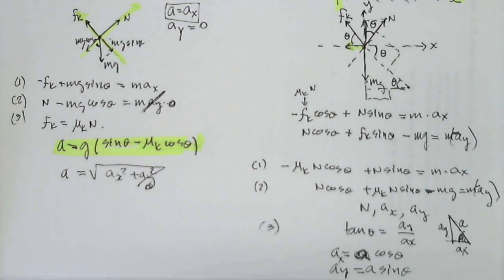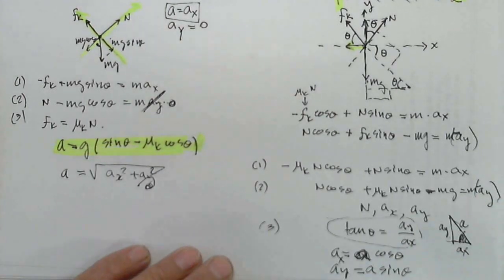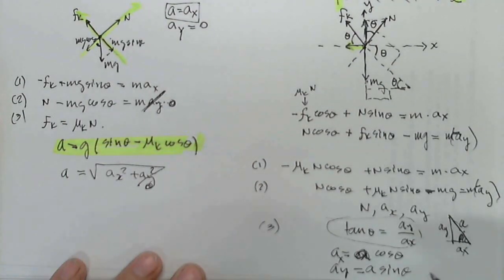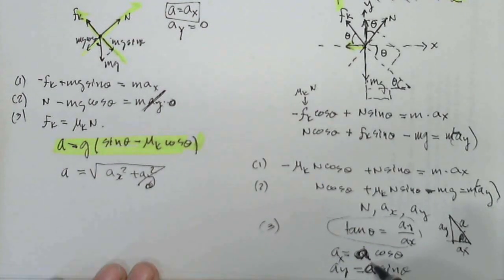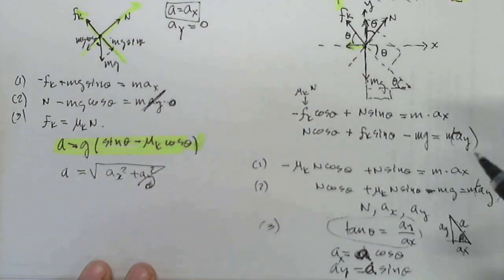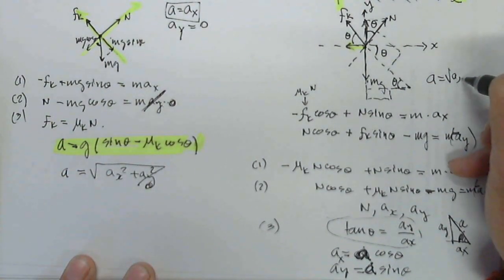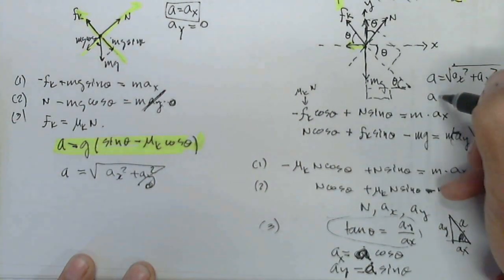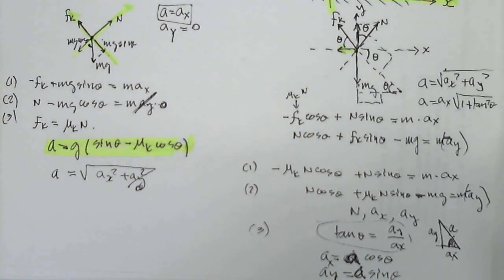And now, instead of using the tangent constraint equation, I will put everything in terms of a, the magnitude of the acceleration, which can also be written like this, but it's not convenient to write it like this.